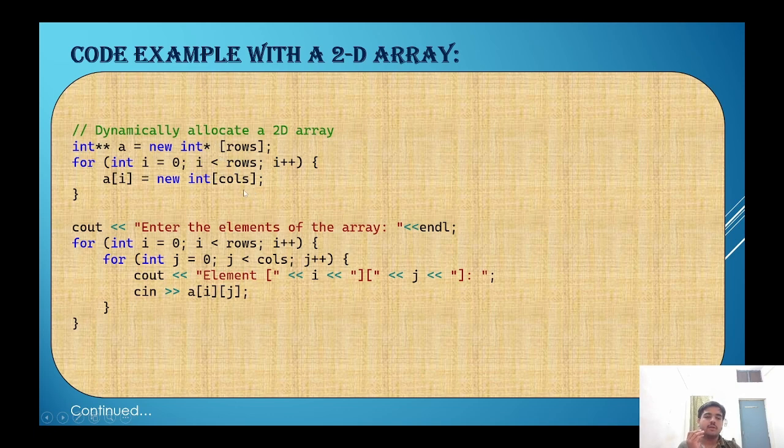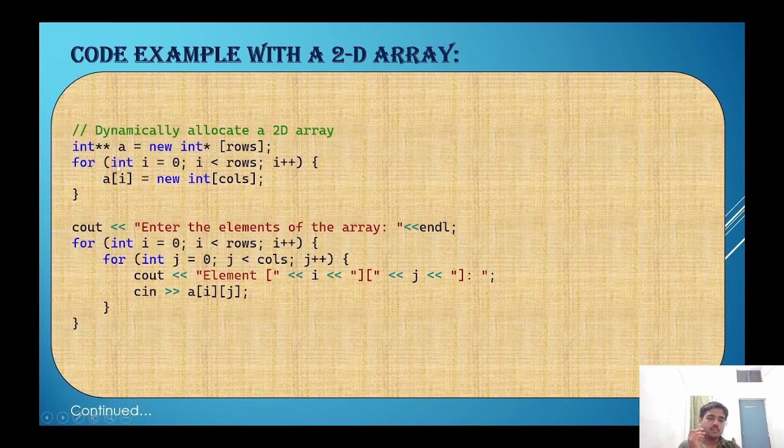So we need to dynamically allocate memory two times. The first time, it is allocated in the form of pointers, that is int star star a. So here, star star a is an array with addresses of star rows, the number of rows.